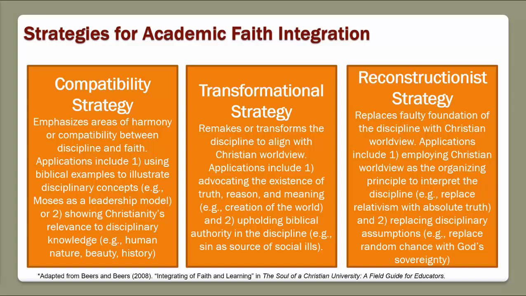And so what the reconstructionist strategy would do is to replace relativism with absolute truth. Another way to do this is to replace disciplinary assumptions. So instead of talking about random chance and happenstance in this world, we talk about the events happening in terms of God's sovereignty and God's rule over this world.